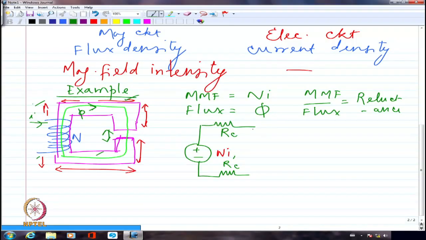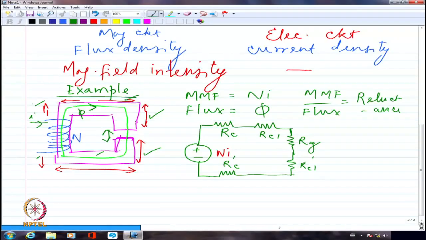Now I'm going to have maybe one more RC1 corresponding to this portion, and one more RC1 dash corresponding to this portion, for example. Right? Now, there is one more reluctance corresponding to the air gap, which I may call RG. So, I have all these reluctances connected in series.